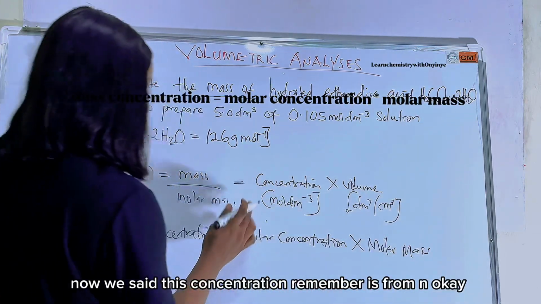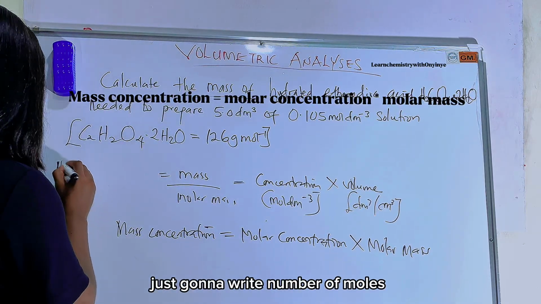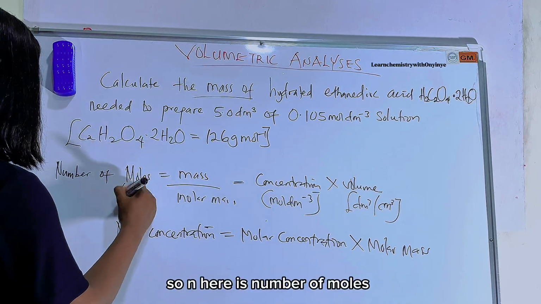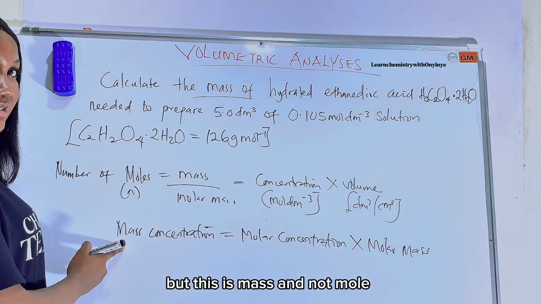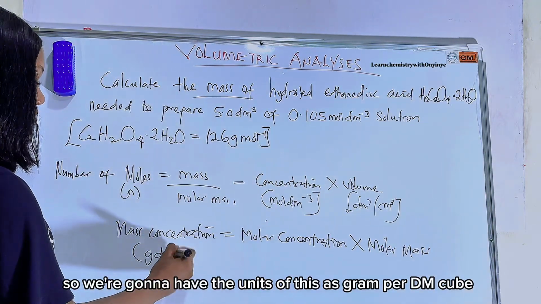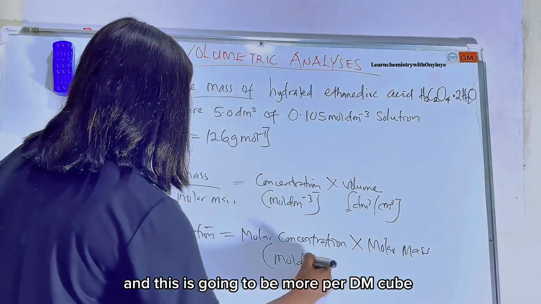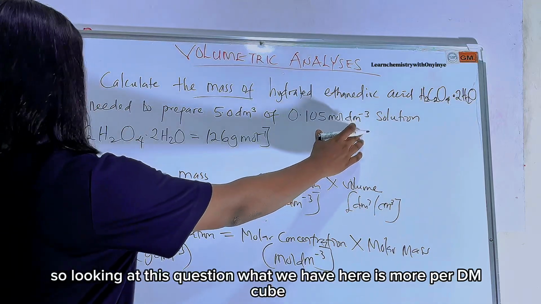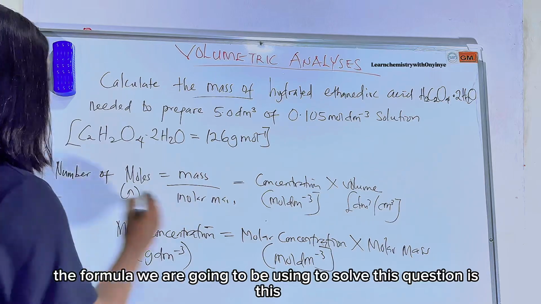Remember this concentration is from n, the number of moles, so we have mole per dm³. But this is mass and not mole, so the unit of this is gram per dm³. Looking at this question, what we have here is mole per dm³, hence the formula we are going to use is this.